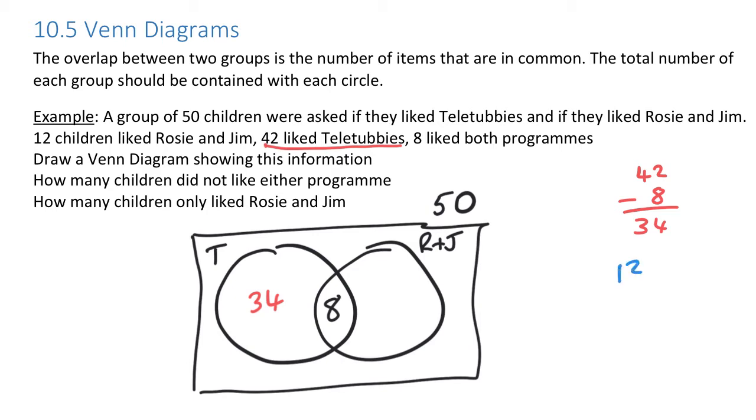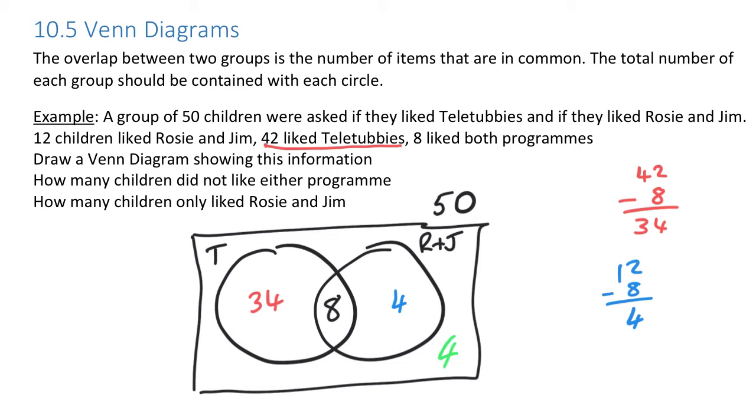Now we've already got 8 who like Rosie and Jim, so that means that 4 children liked only Rosie and Jim. Now if we look at what the numbers within the Venn diagram add up to, we know that 34 and 8 is 42, plus 4 more is 46, so that means that there must be 4 pupils who don't like either of Teletubbies or Rosie and Jim.